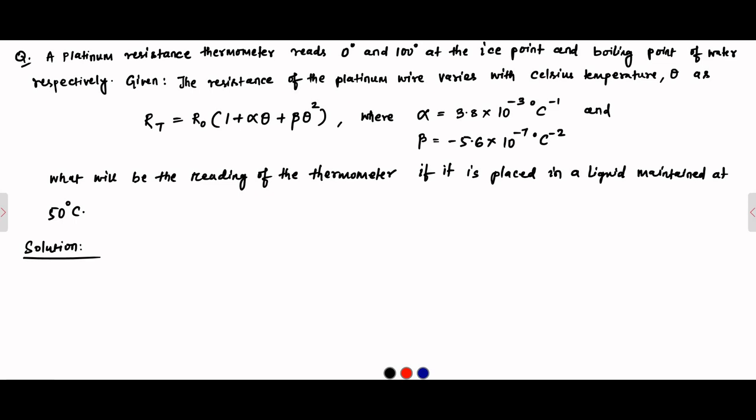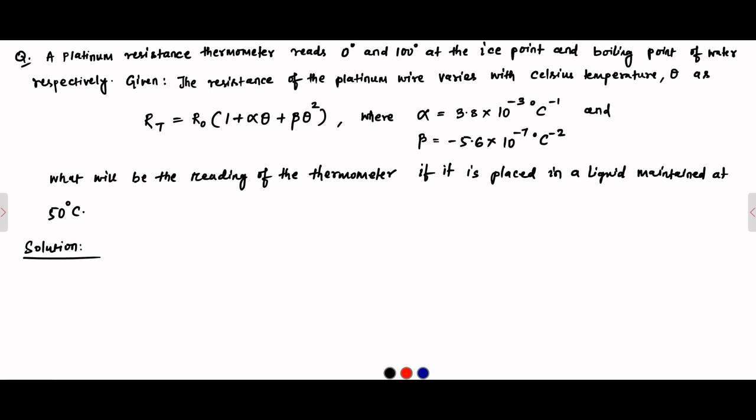Information is given that the resistance of the platinum wire used in this thermometer varies with Celsius temperature theta as R_T, the resistance at a particular temperature theta, which is equal to R0 into 1 plus alpha theta plus beta theta square, where alpha and beta are the temperature coefficients of resistance for this platinum wire.